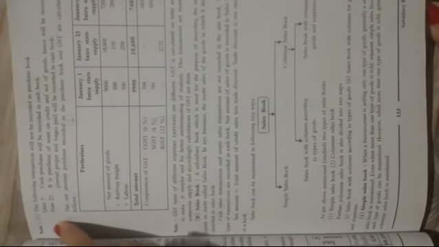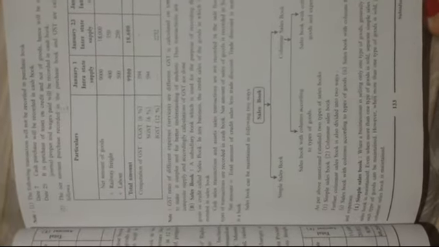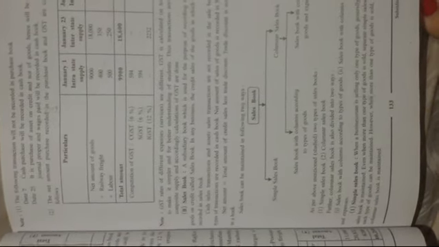If you have any questions, here on the next page the detailed explanation is also given, so you can refer to this table with the explanation. Even though I have explained it, if you still don't get it, you can refer to this table, where proper explanation is given. So now with this we are going to stop here.